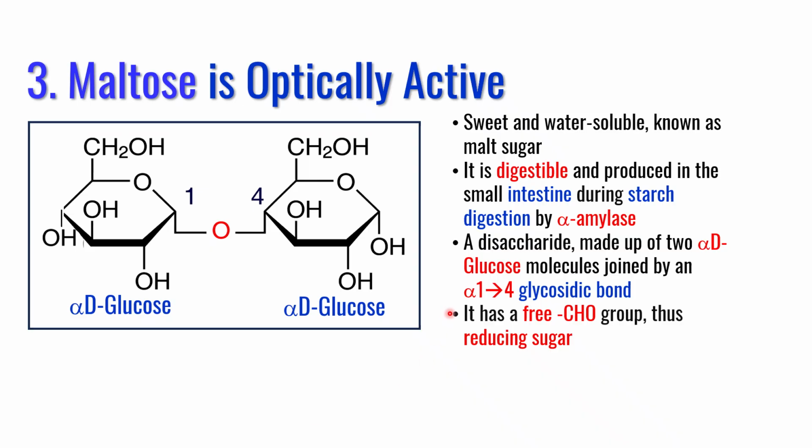Let us discuss maltose. Maltose is a disaccharide which is sweet in taste and water soluble. This is also called malt sugar. It is produced during digestion by the action of alpha amylase on starch in our GI tract. It is also present in fermenting starch and called, as I said earlier, malt sugar. This is a disaccharide made up of two alpha D glucose units.